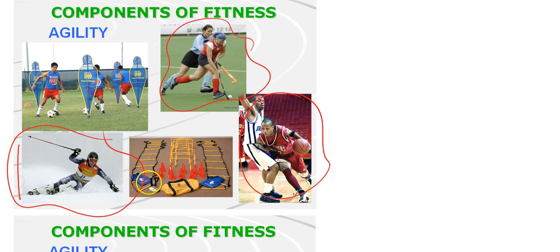Here in basketball, they're dribbling around someone. Skiing, they're changing direction very quickly, especially if it's a slalom and they've got to go between different poles down the course. And here is just some agility training equipment.